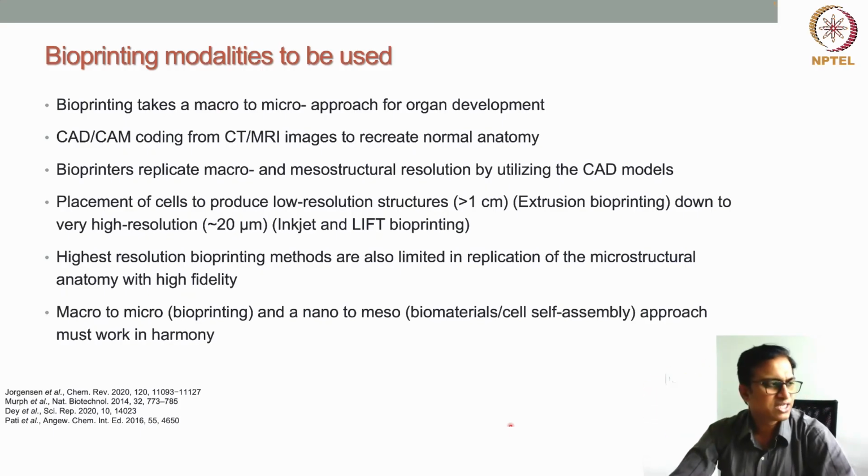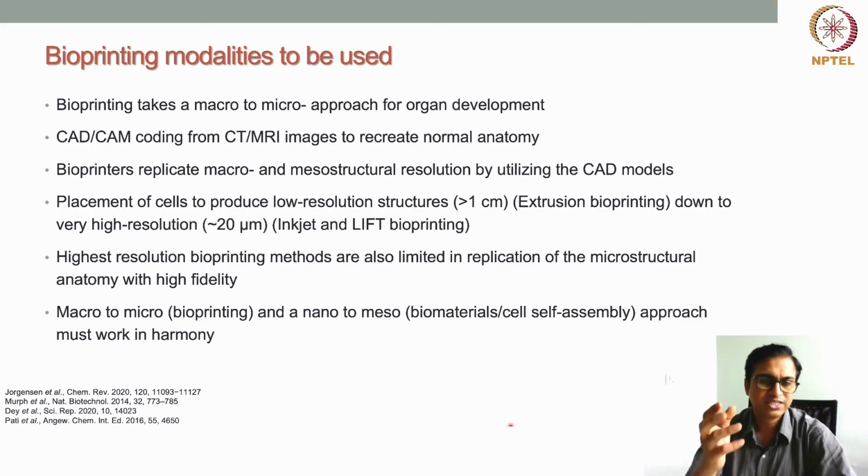And most of the time that is done with different bioimaging modalities like CT and MRI. We can image or capture the three-dimensional geometry of that particular tissue and organ, and from there recreate the anatomy of the tissue and organ. From the same CT or MRI data, we convert them into a CAD format.